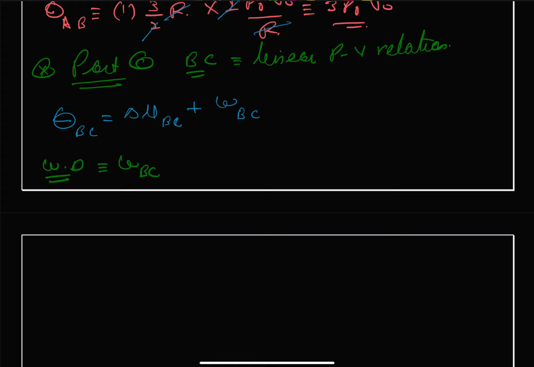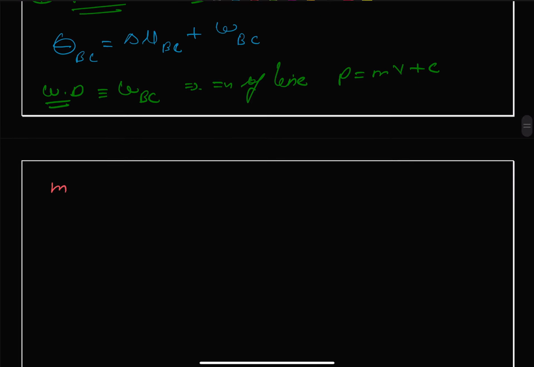So we can write that the equation of line for this BC can be written as P is equal to mV plus C. Here m is the slope, which we can calculate easily. We can say m is equal to P naught minus 3 P naught, upon twice V naught minus V naught, which comes as minus 2 P naught by V naught.